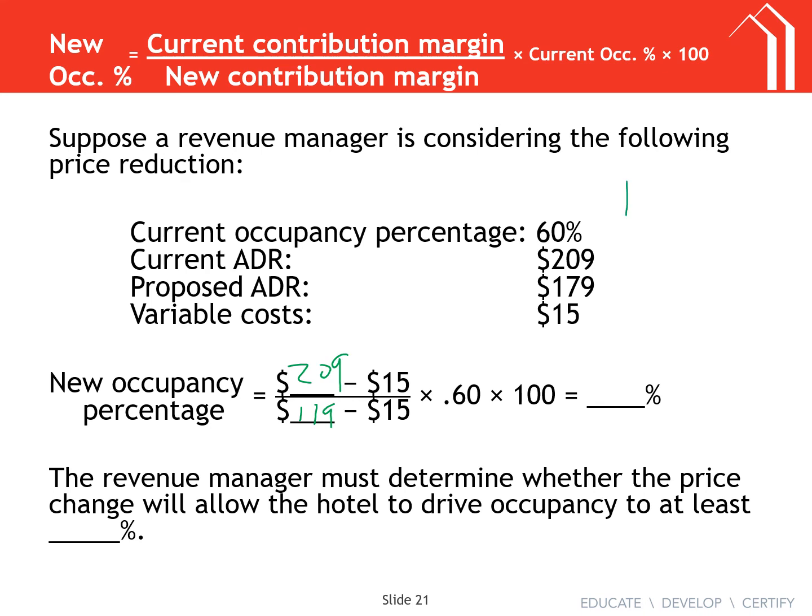I'm going to write it up here, 194 divided by 104, and we get 1.87. What I recommend is that you don't clear out your calculator, okay? Just keep all those numbers behind it. And then what's the next thing we're going to do? Multiply by our current occupancy percentage, so times 0.6.